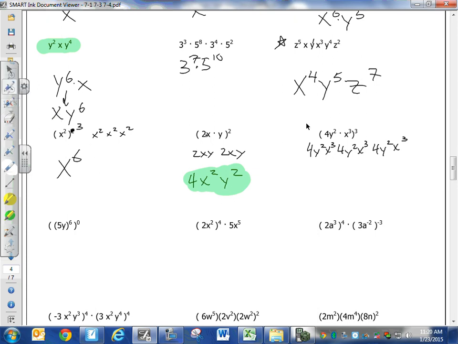Well, guess what? 4 times 4 times 4 is 64. Y squared times y squared times y squared is y to the 6th. X cubed times x cubed times x cubed is x to the 9th. All right.